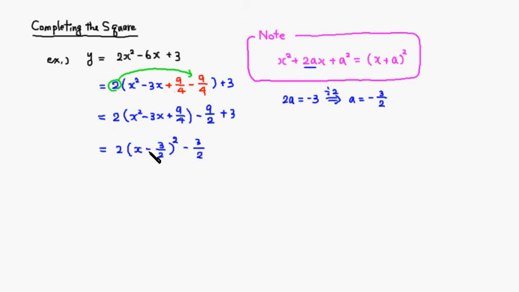So the vertex form of this quadratic function is this right here. All right, so this is in vertex form.